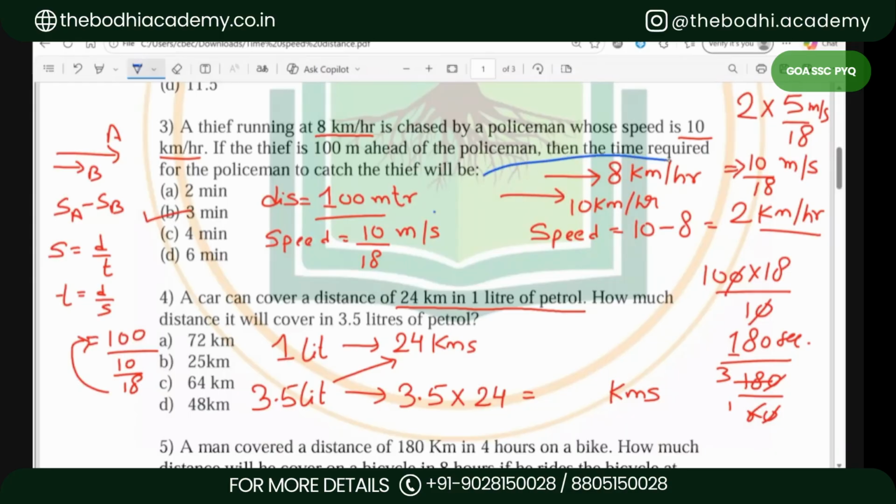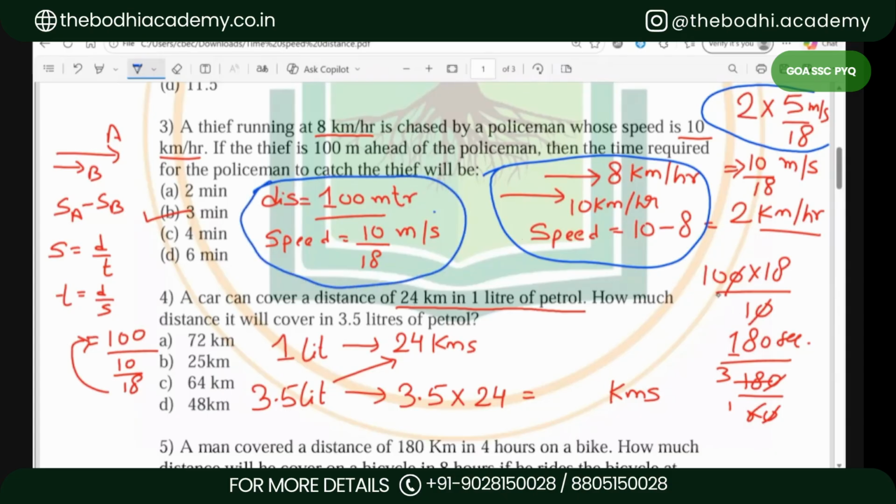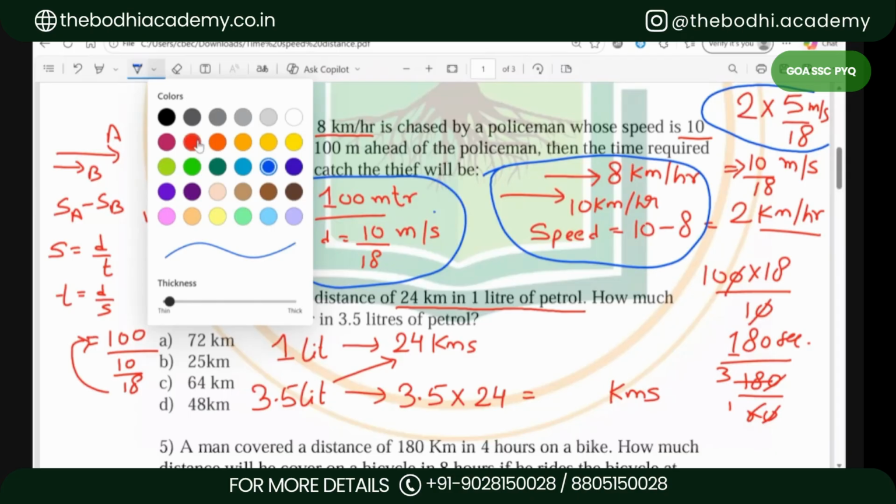Then you have to use the concept of kilometer per hour into meter per second. After that, you have to find distance, speed, and then time. So there are 2-3 concepts in one single question, which we have to take special attention of.